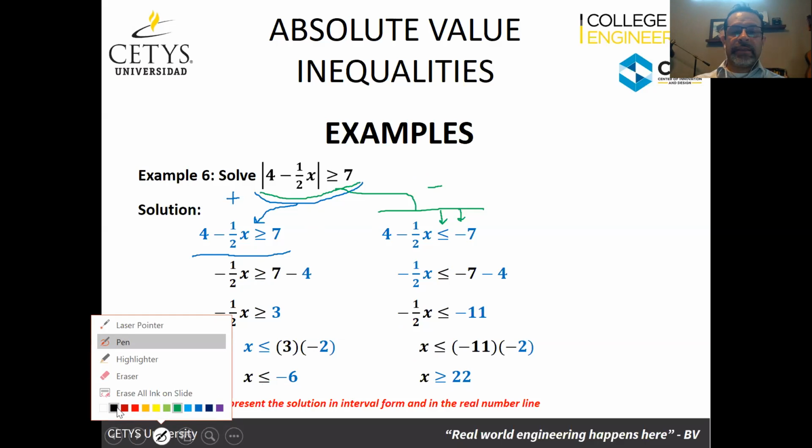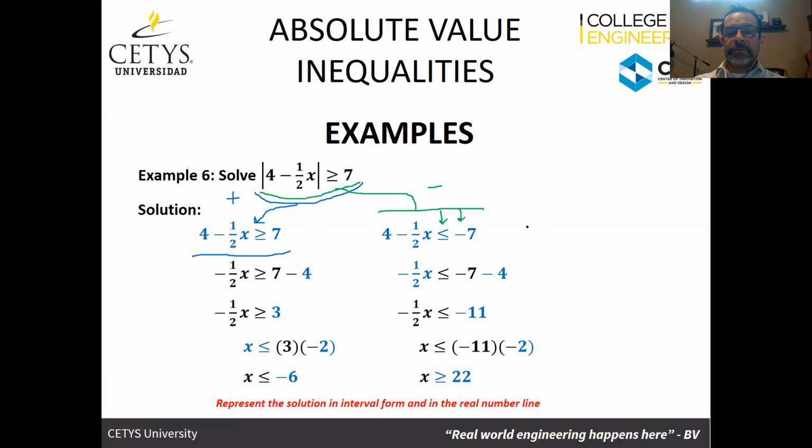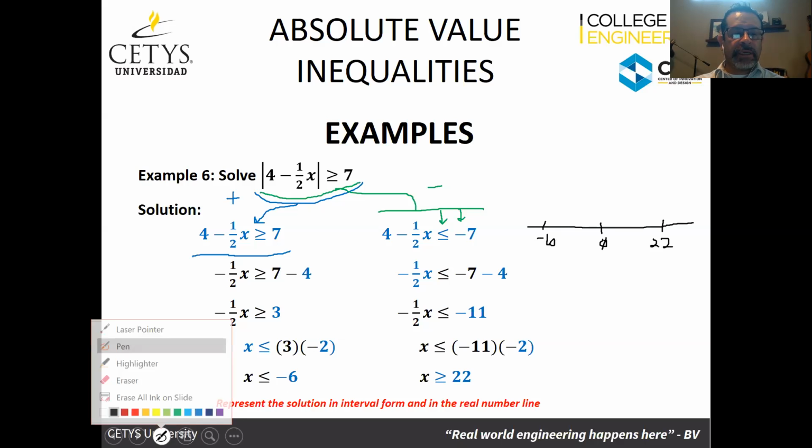If we want to represent this on the number line, we can just do a quick representation here. On the number line, we've got minus 6 here, and then let's say we've got 22 here. And so the solution is going to be represented by those values.